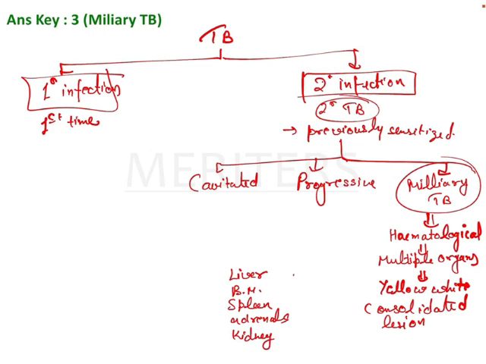So first of all, we have to understand there has to be certain seeds, or certain Mycobacterium tuberculosis foci, that are disseminated to different parts of the body through the hematogenous route, and these small bacterial foci are generally known as millet seeds.